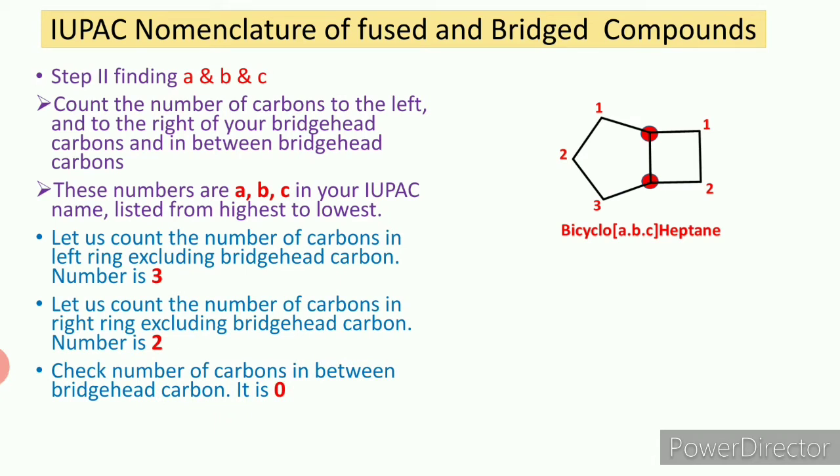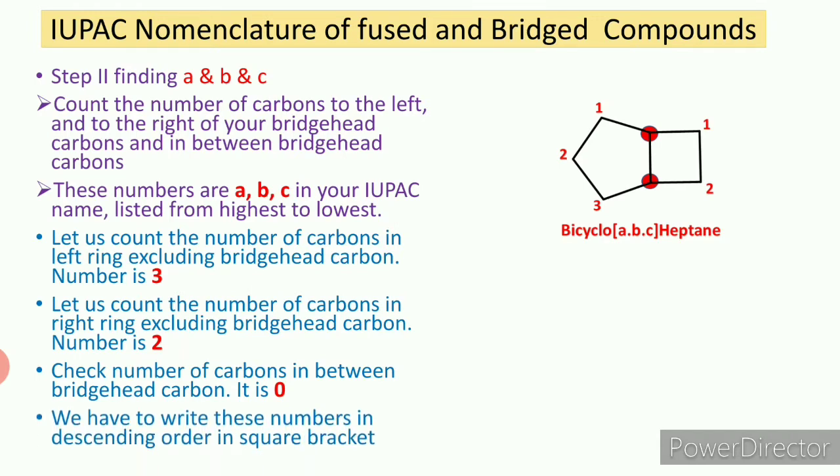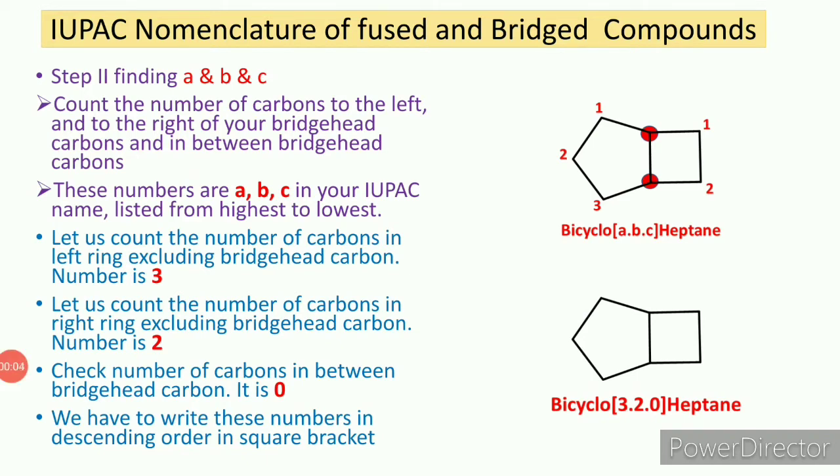So we got the numbers A, B, C as 3, 2, 0. Now by rule we have to write these numbers in square brackets in descending order. So the name of this compound is bicyclo 3.2.0 heptane.